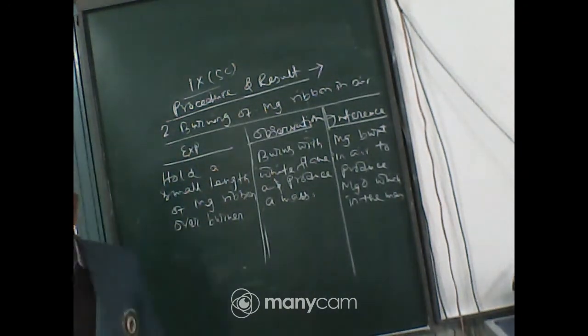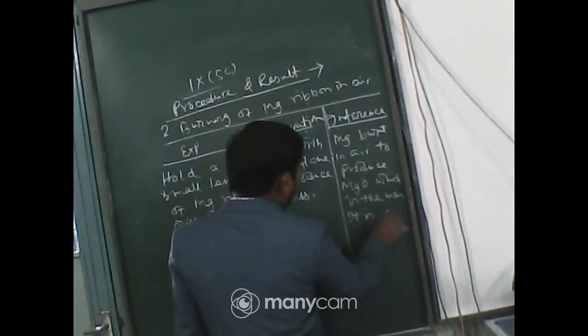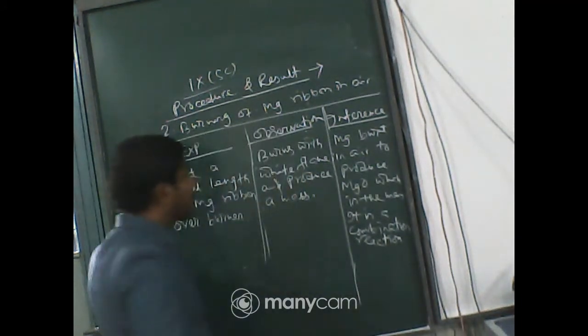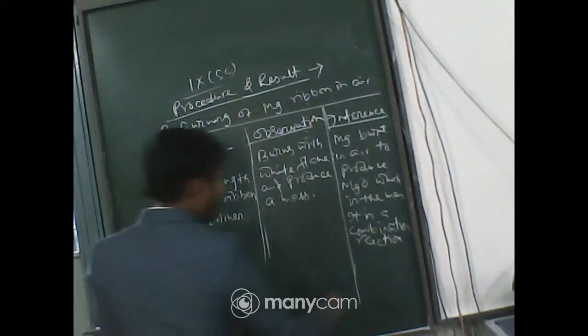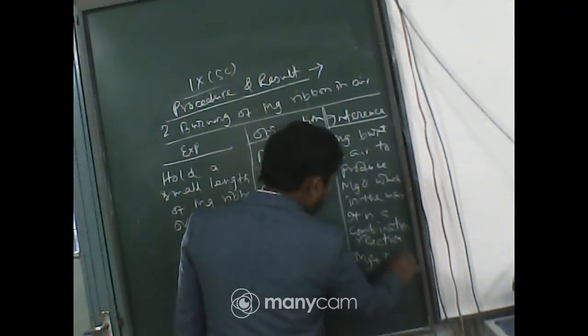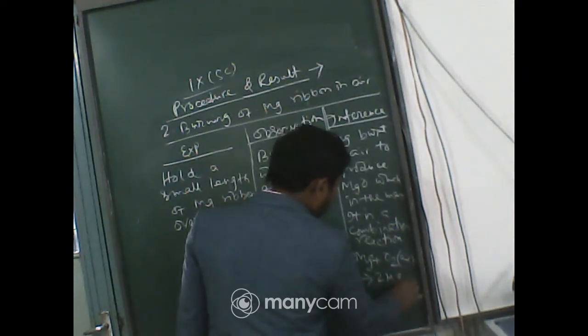It is a combination reaction. Next, Mg plus O2, that is air, to form 2MgO.